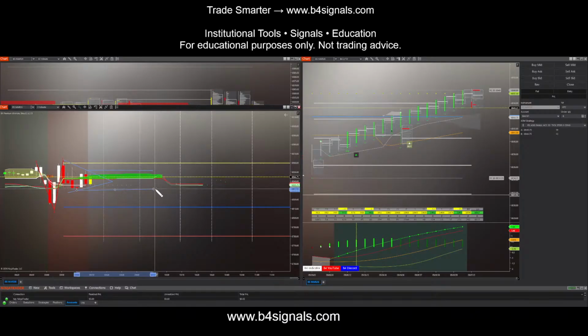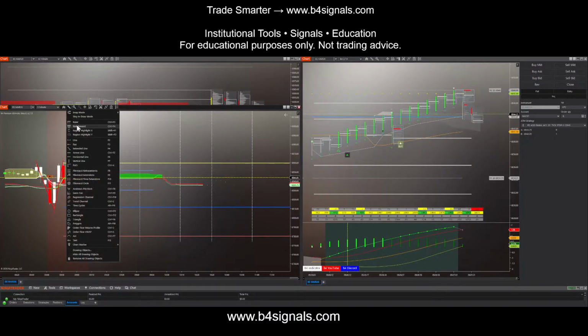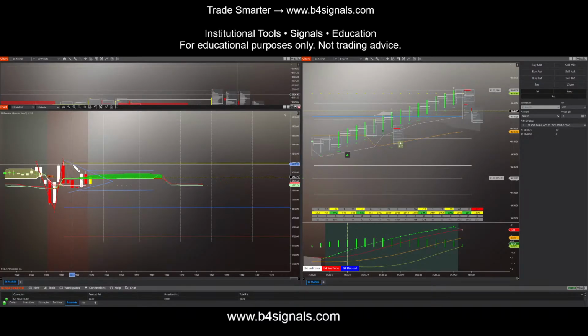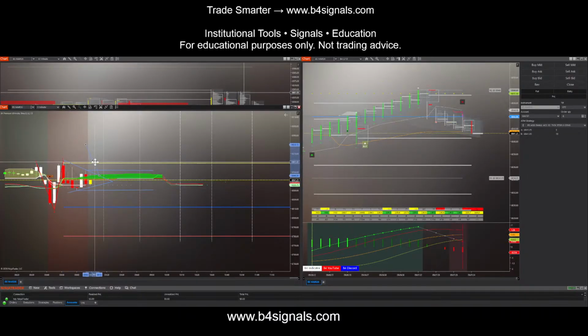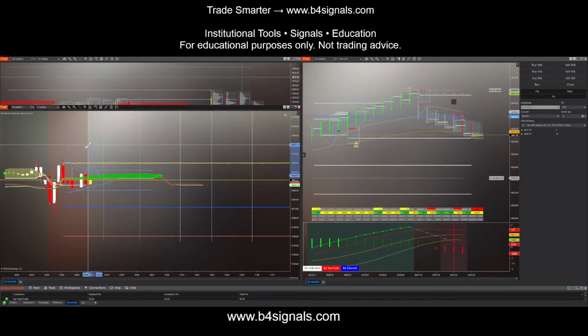That one's a little lower. We'll just let it go here. So we typically use a little measured move here. Some people pull it straight there. I'm more inclined to pull it like that. Target here, target there.